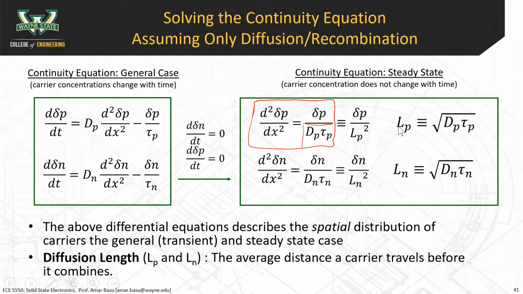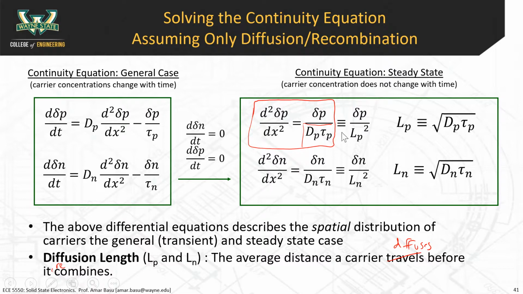This will make sense when we talk about the next problem. But what the diffusion length is, you can think about it intuitively, is the average distance a carrier diffuses before it recombines.